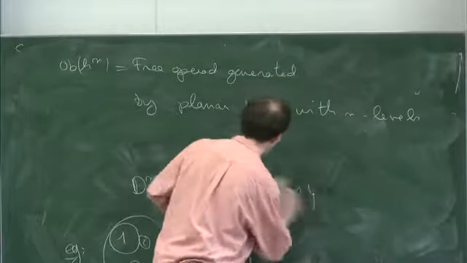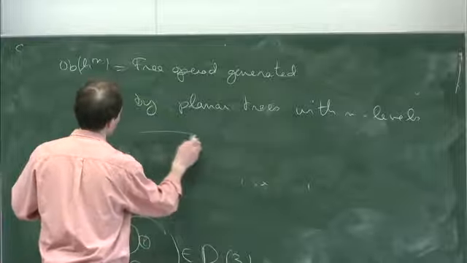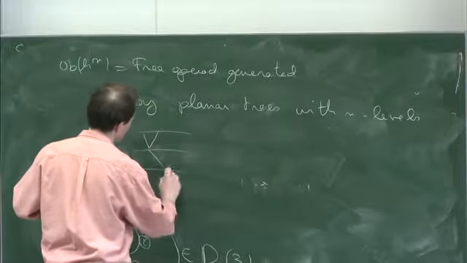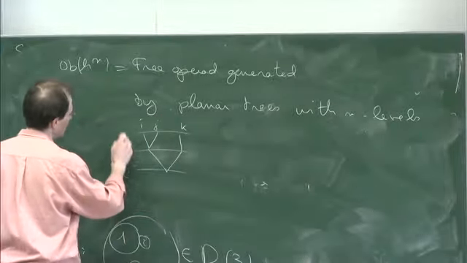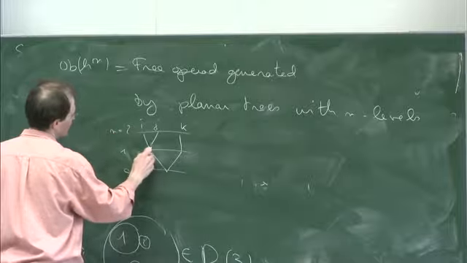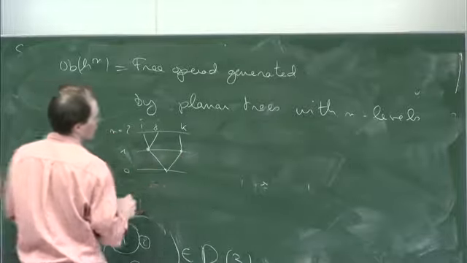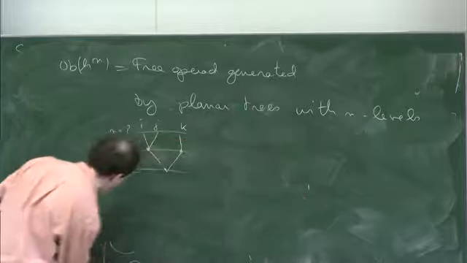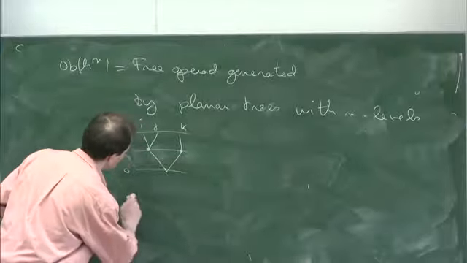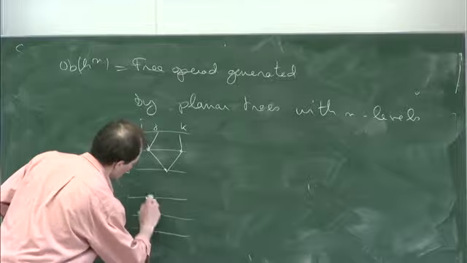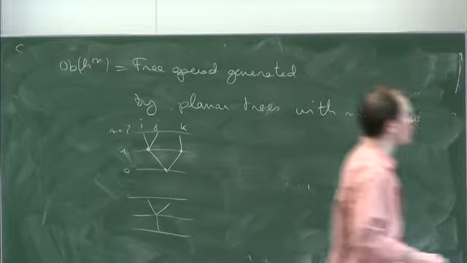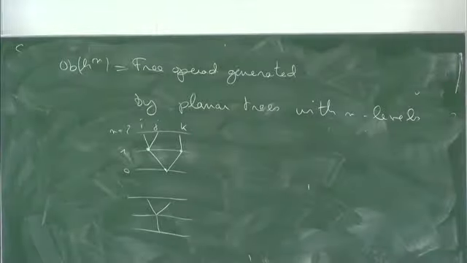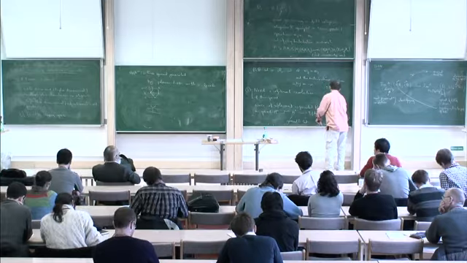So for instance, this is a planar tree with 2 levels. So this suboperad is a cofibrant replacement. This means that you have a map from this suboperad in topological spaces to the classifying space of Mn.